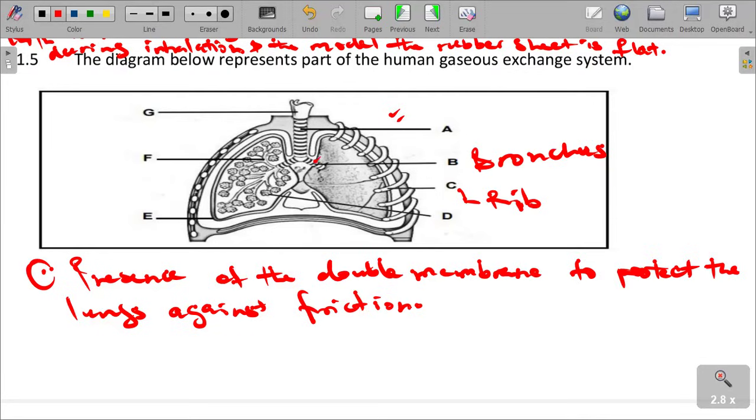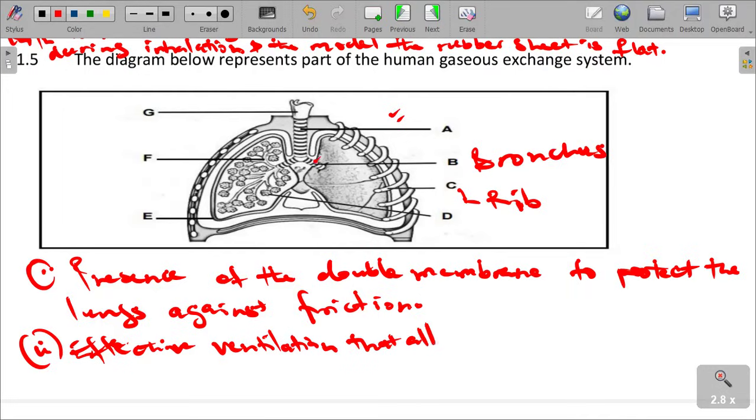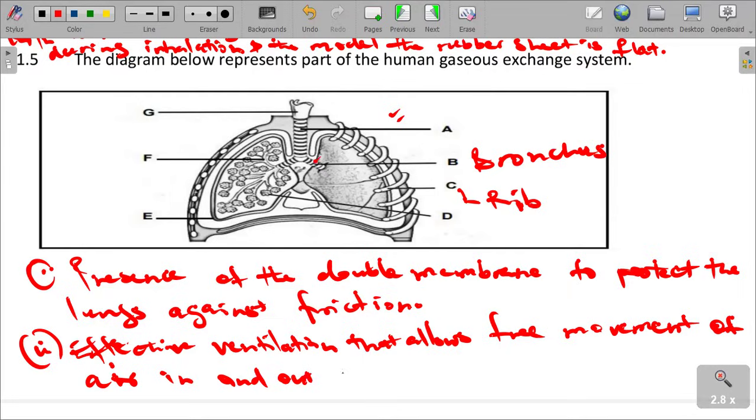And then we can talk about the breathing muscles and the diaphragm, which allow movement of air, so there is effective ventilation that allows free movement of air in and out of the lungs.